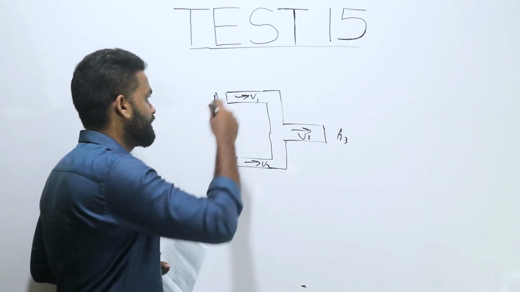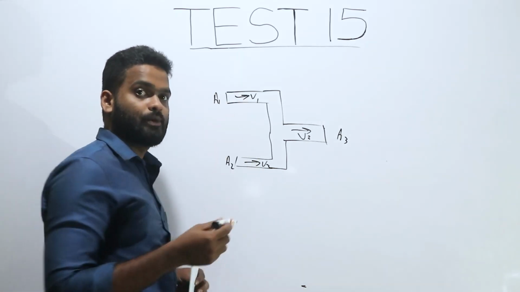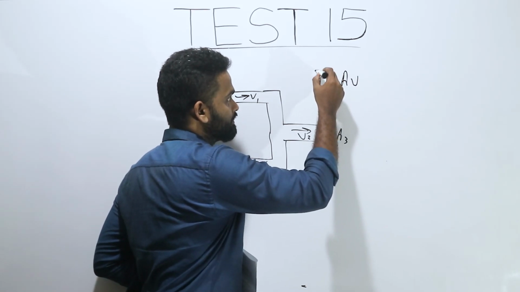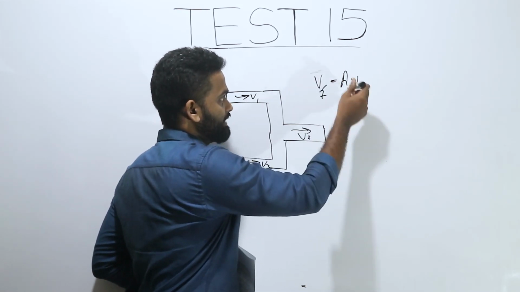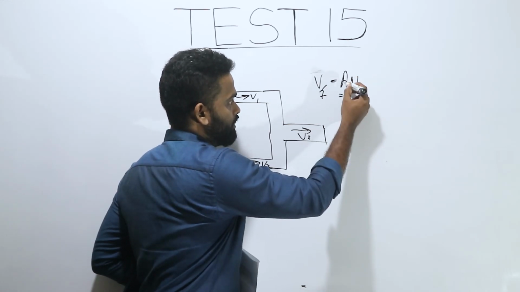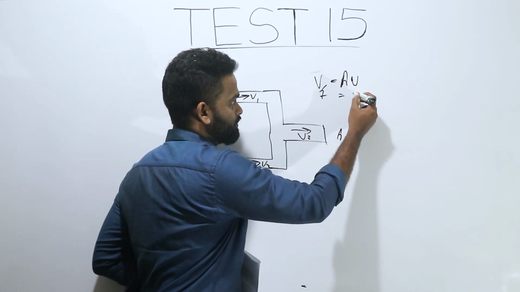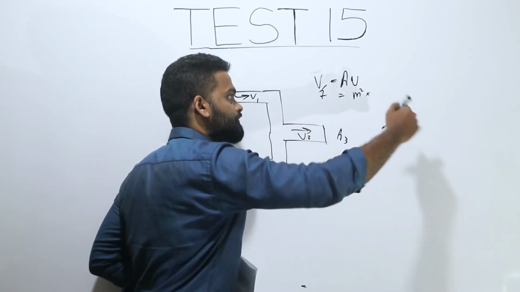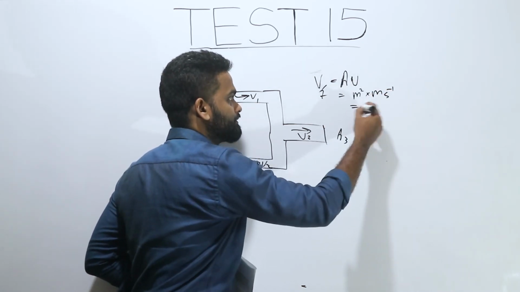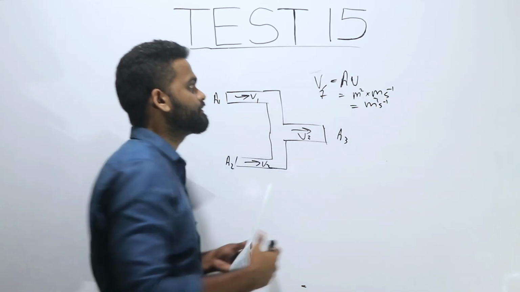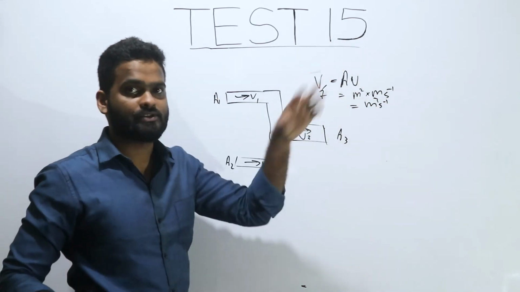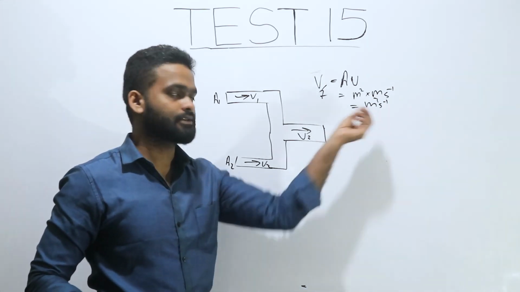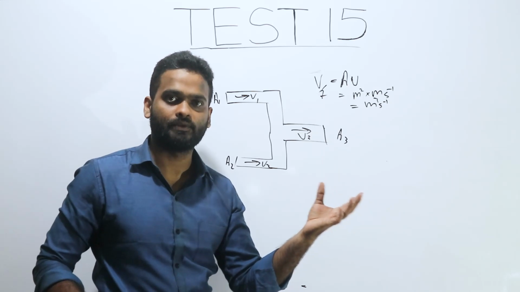We know the equation: volume flow rate is A times V. A is the cross-sectional area in square meters, times the velocity in meters per second, so this is cubic meters per second. So A times the velocity of the fluid always gives us the volume flow rate of a liquid.